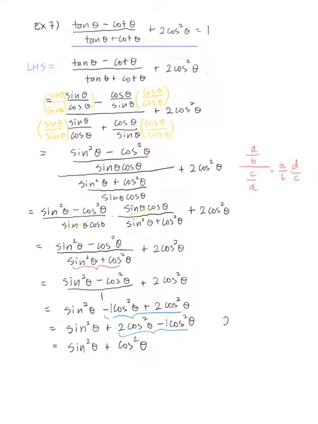So suppose you have 2x minus x. Pretend x is the cosine squared. So isn't this just x? So that's exactly what we did. Instead of an x, we had the cosine squared. But anyways, sine squared plus cosine squared is 1. Alright, so I think we are done. So this is the right hand side.